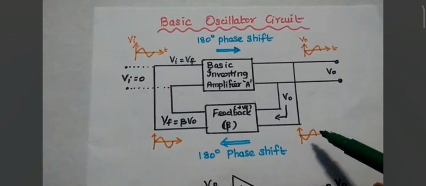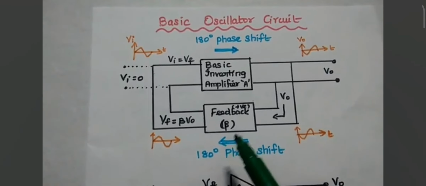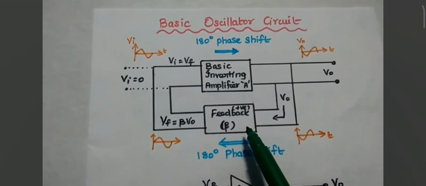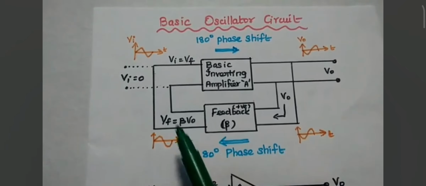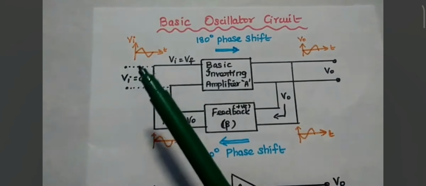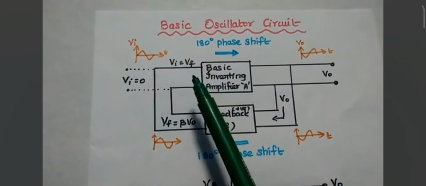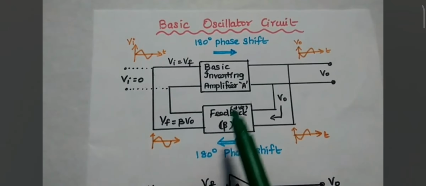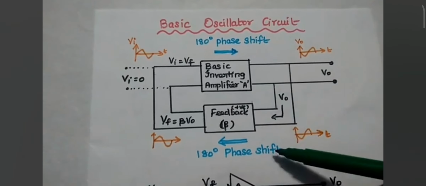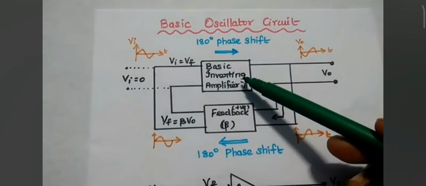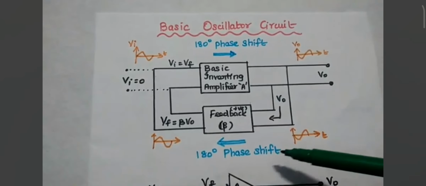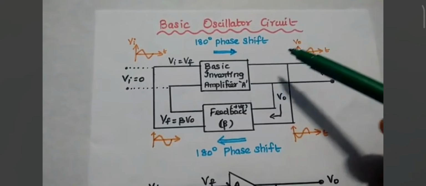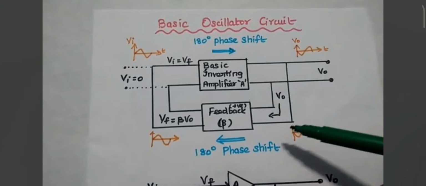Then that is taken as input to the feedback. This positive feedback gives another 180 degree phase shift to make the feedback signal in phase with the input signal. Do you all understand this concept? So totally there are 360 degrees. One is from the inverting amplifier, another one is from the positive feedback. So the first condition of the Barkhausen criterion is achieved.